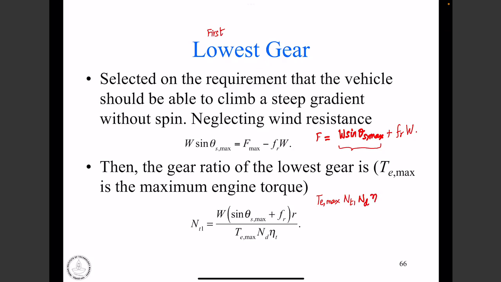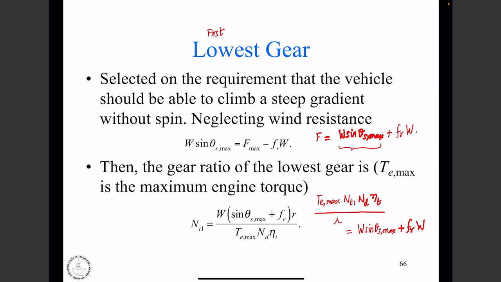Then we multiply it by eta T, the transmission efficiency, to take care of energy losses. This will be the net torque output at the wheels, and then we divide it by the wheel radius. This will be the net usable force in the first gear, and that should overcome the grade resistance W sin theta S max plus the rolling resistance, let's say FRW. I hope it is clear how we are matching.